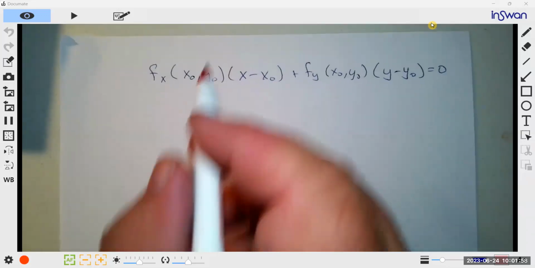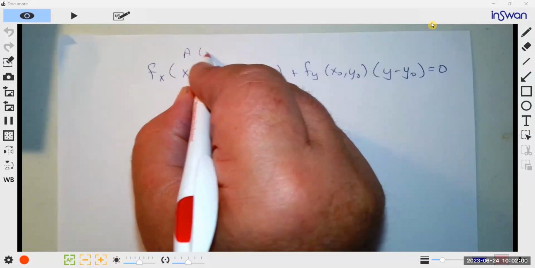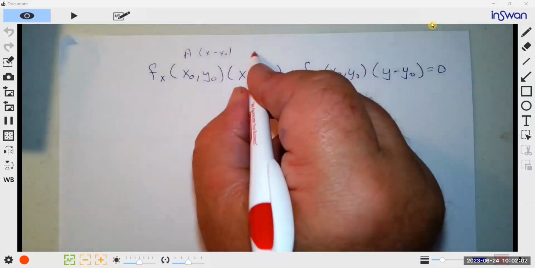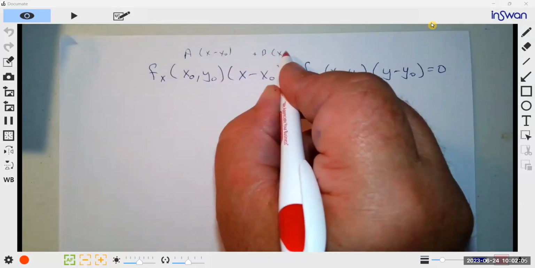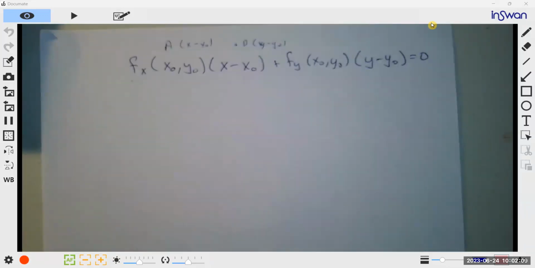Remember earlier we saw this as a(x minus x sub 0) plus b(y minus y sub 0). So that's what we're defining a and b as.